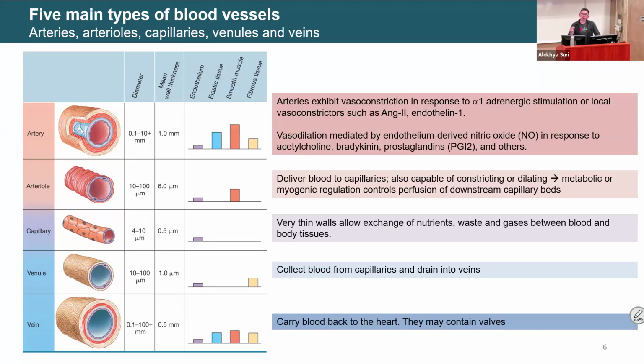Venules and veins are low pressure vessels. So in order to move blood through this low pressure system, you need to have valves that prevent backflow, right? So if the pressure is not too high, it's hard to bring blood, for instance, from the toes back to the heart because all of that movement needs to happen against gravity, right? Gravity is sort of pushing blood down towards our toes, and the presence of these valves prevents blood from just pooling in our toes when we're standing up.